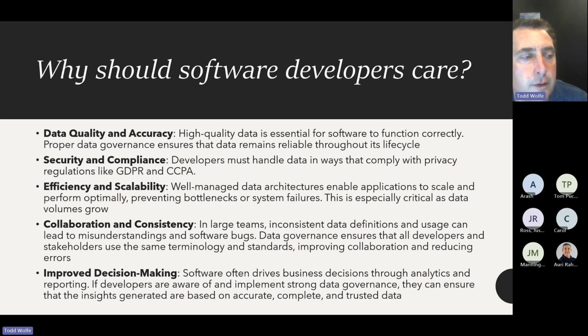Collaboration and consistency. In large teams, inconsistent data definitions and usage can lead to misunderstandings and software bugs. Data governance ensures that all developers and stakeholders use the same terminology and standards, improving collaboration and reducing errors.